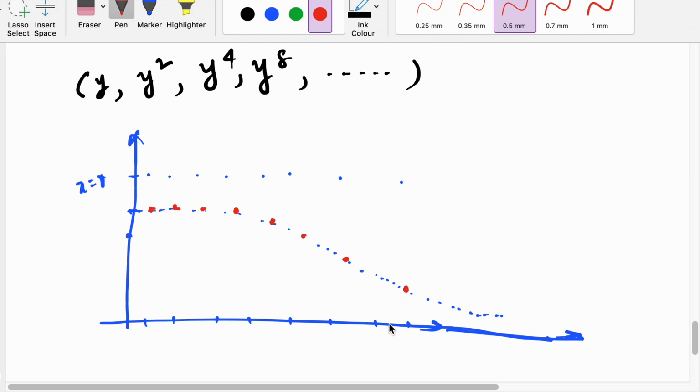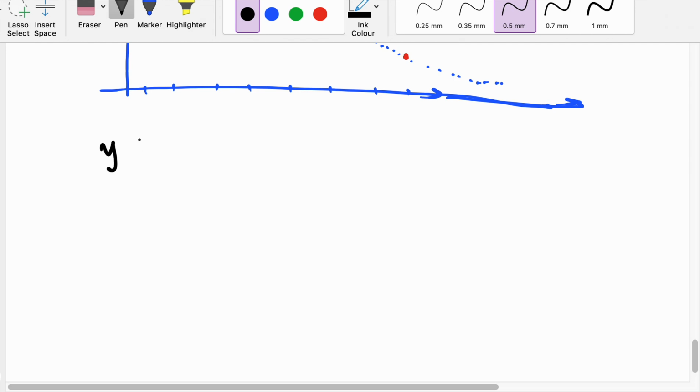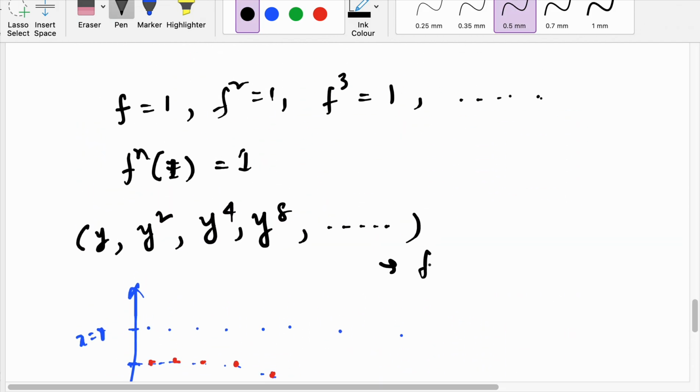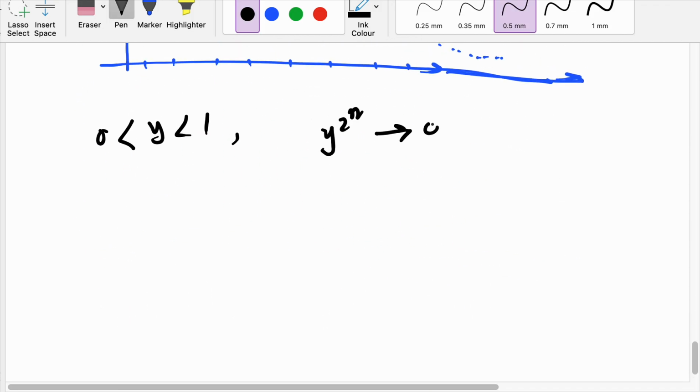It will fall apart from x equal to 1. Since this y remains between 0 and 1, f^n(y) equals y to the power 2^n, which goes to 0 as n tends to infinity.